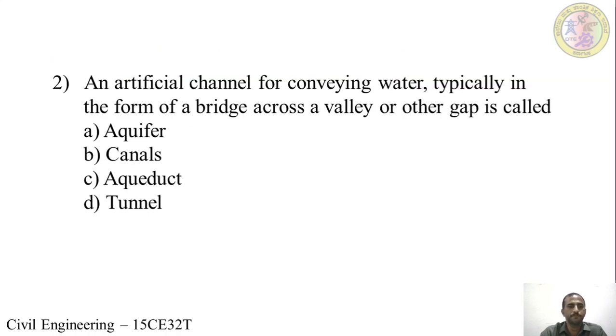Second question. An artificial channel for conveying water, typically in the form of a bridge across a valley or other gap, is called A. aquifer, B. canals, C. aqueduct, D. tunnel.